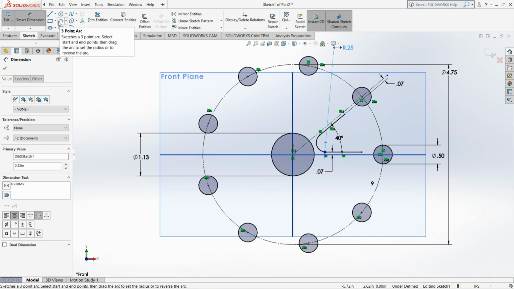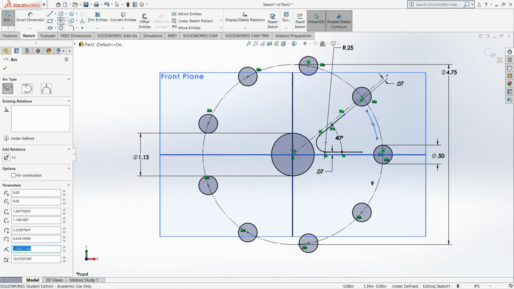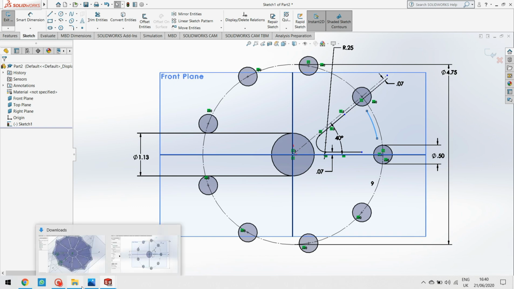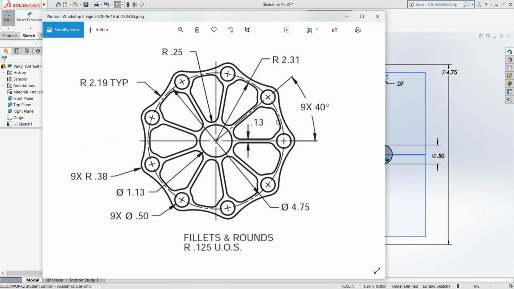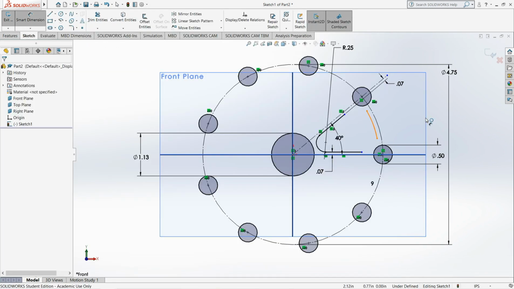Now see one thing in the picture. This radius is used from the center, so I have to take it from the center, and I am putting the value. See, it is 2.31 and it is from the center, so I will put the value now.